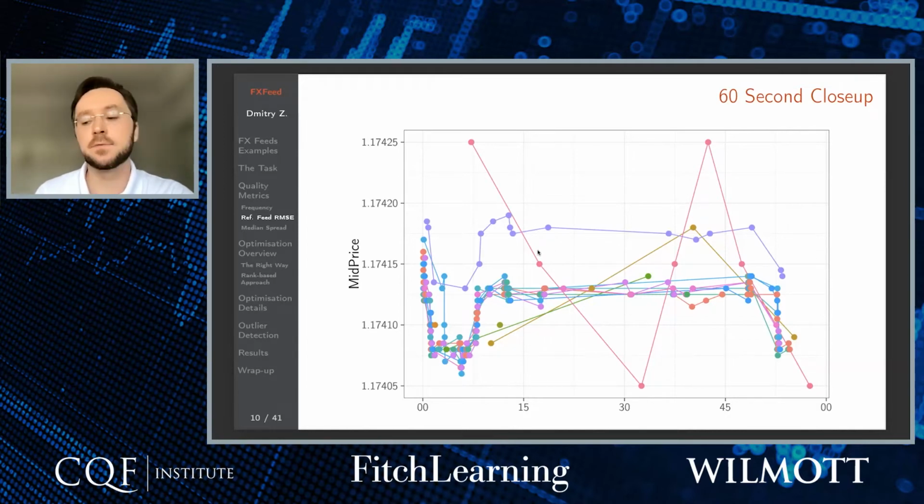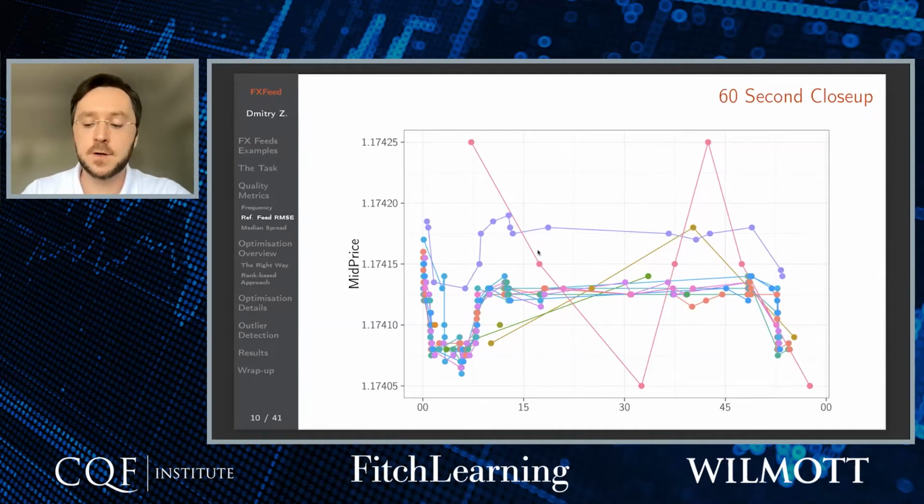Or for instance, if we trust some particular source a priori, then we say that it's more important compared to others. But the important thing is that we cannot say, just looking at the graphs of mid-price, that one particular feed is correct or right, and the other ones are wrong.